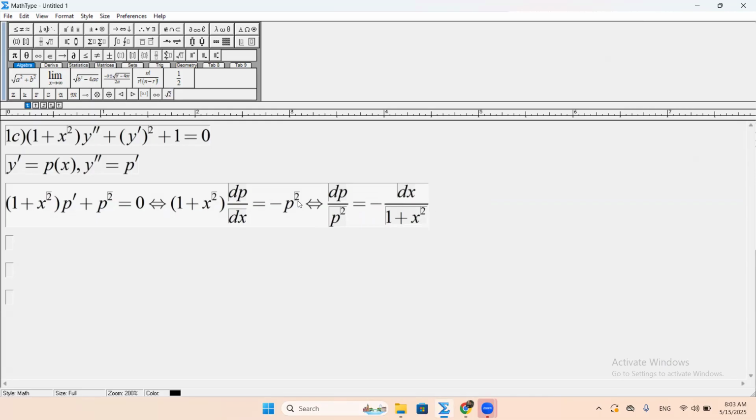And now let us integrate this equation. Both these parts will be integrated.